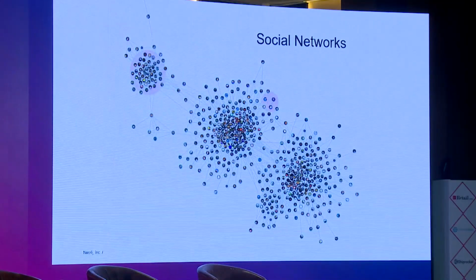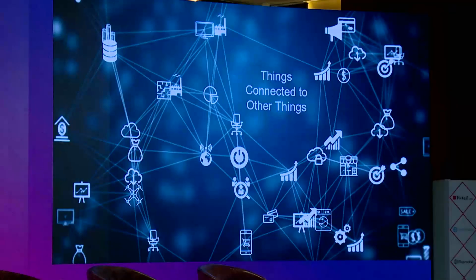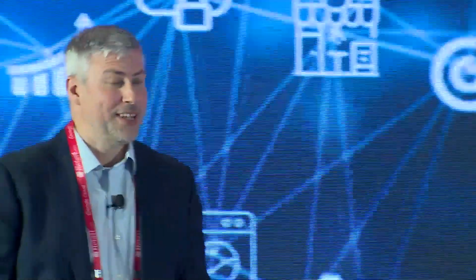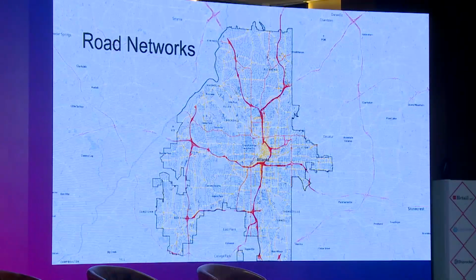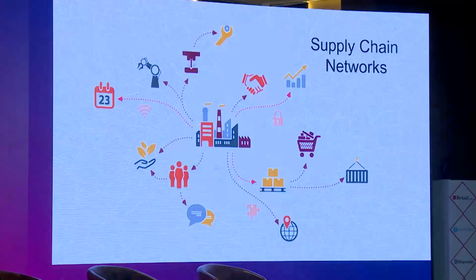These are all things connected to other things. Internet of Things, right? We have devices that are now all connected to each other through the internet. We have road networks, train networks, the way we schedule our flights. All of these are networks.